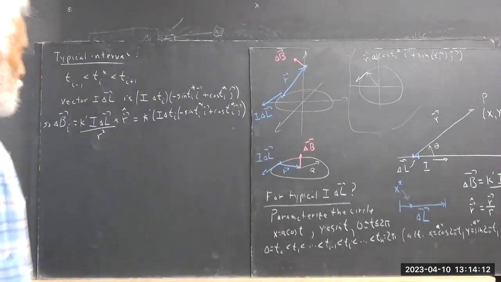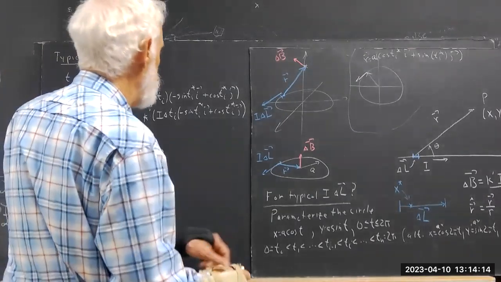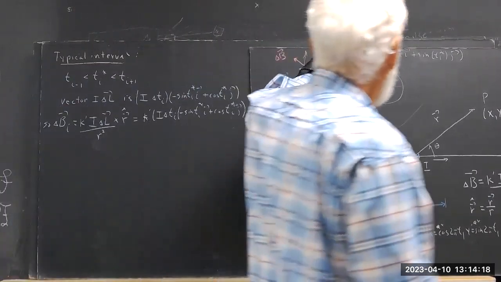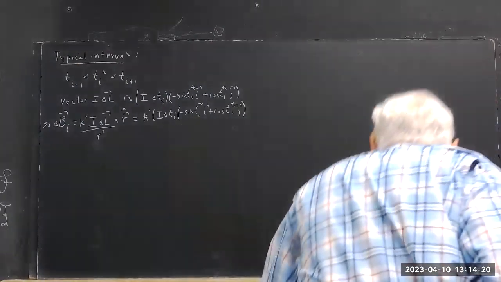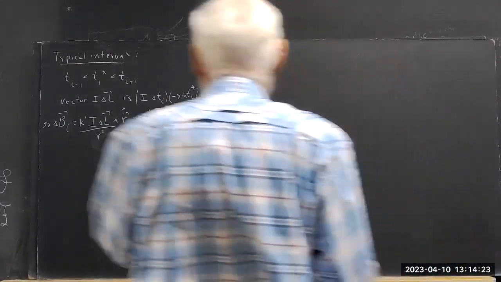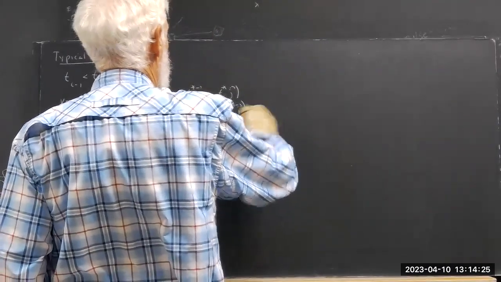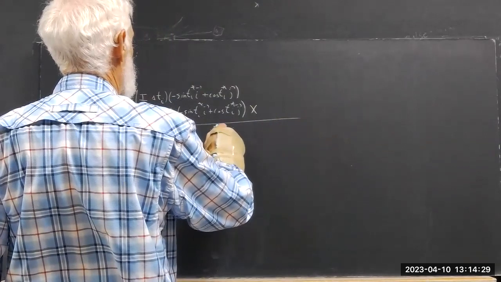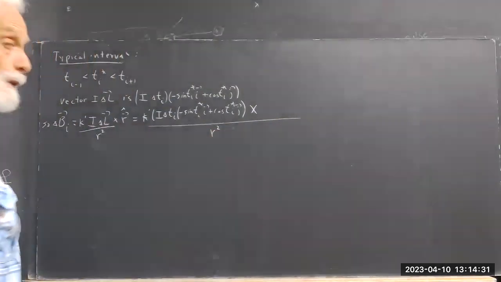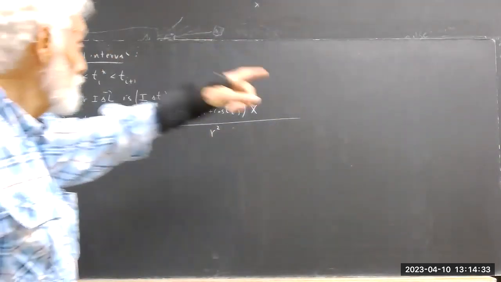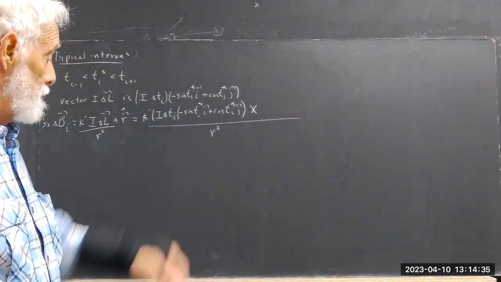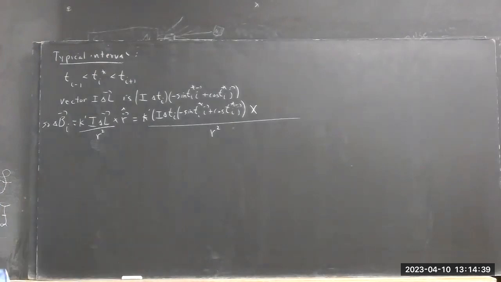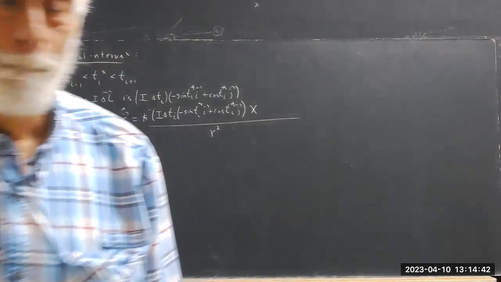Okay, I started it for you. It's going to get long, use a little bit more board. Cross with something, divided by r squared, right? So what's the cross with? See what you get.